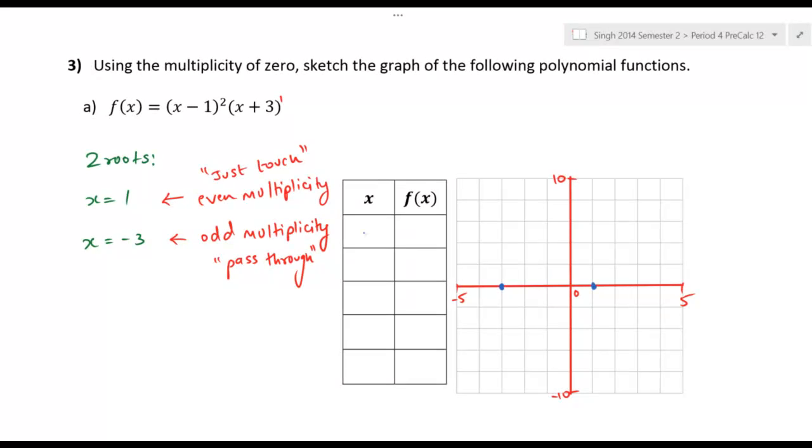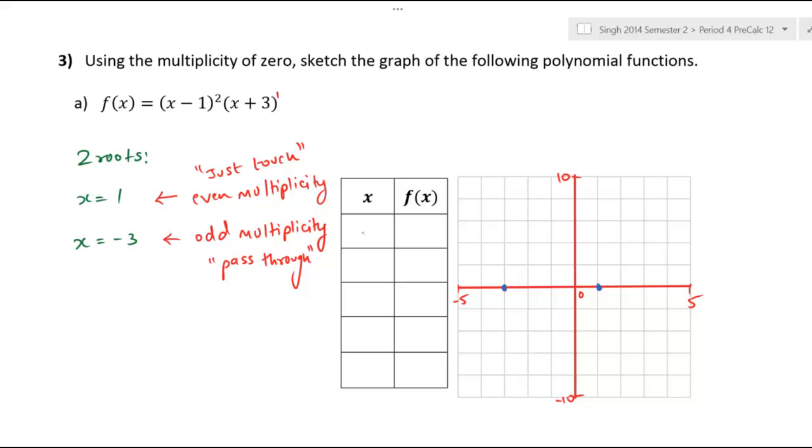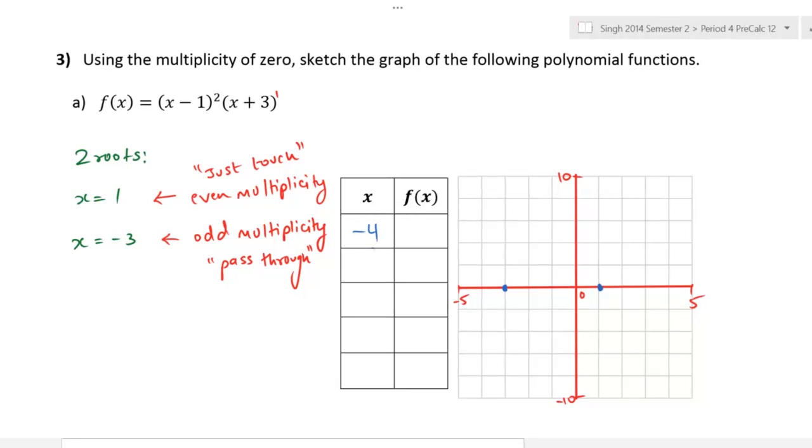So once I've had a chance to go ahead and create an axis and plot the 2 roots at -3 and +1, I now have a chance to pick some other values to fill in the graph. I'm going to test something to the left of -3, so I'll pick -4. Another value I can test is between -3 and 1, so I'll pick 2 of them, -2 and -1.